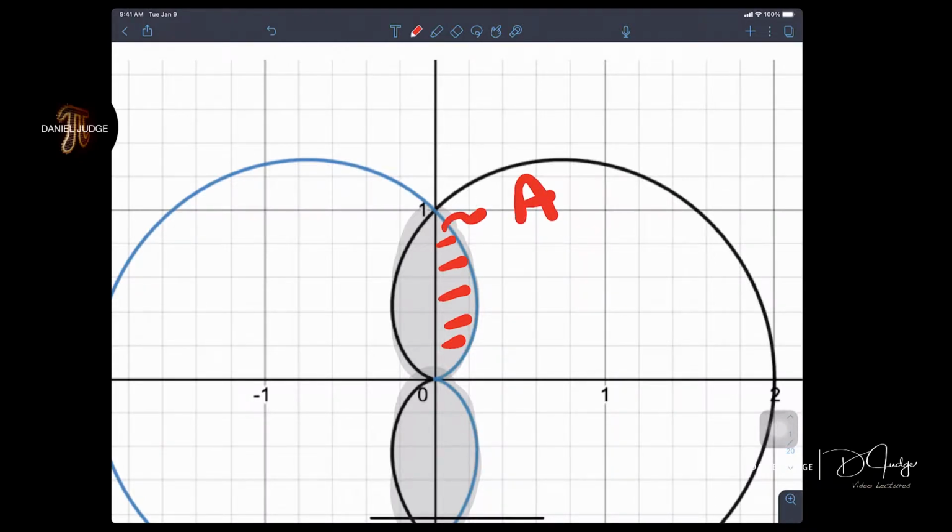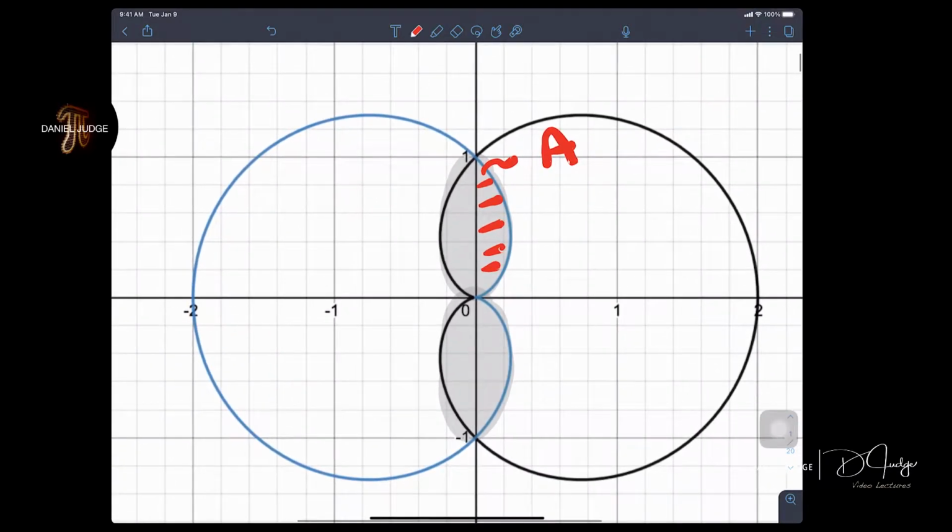The area is going to be 4 times that because, by symmetry, we have this same value for area, and this same value for the area, and this same value for the area as well. So we have some symmetric properties that we're going to use.